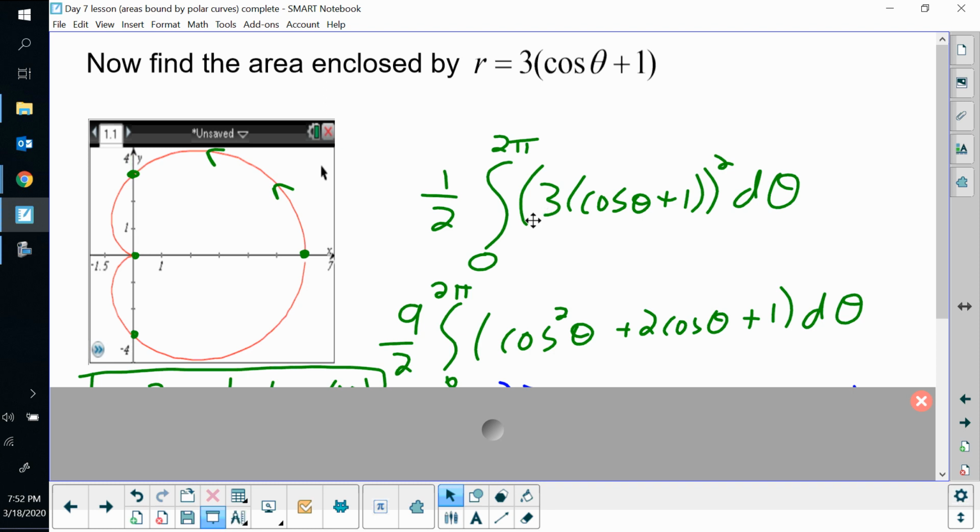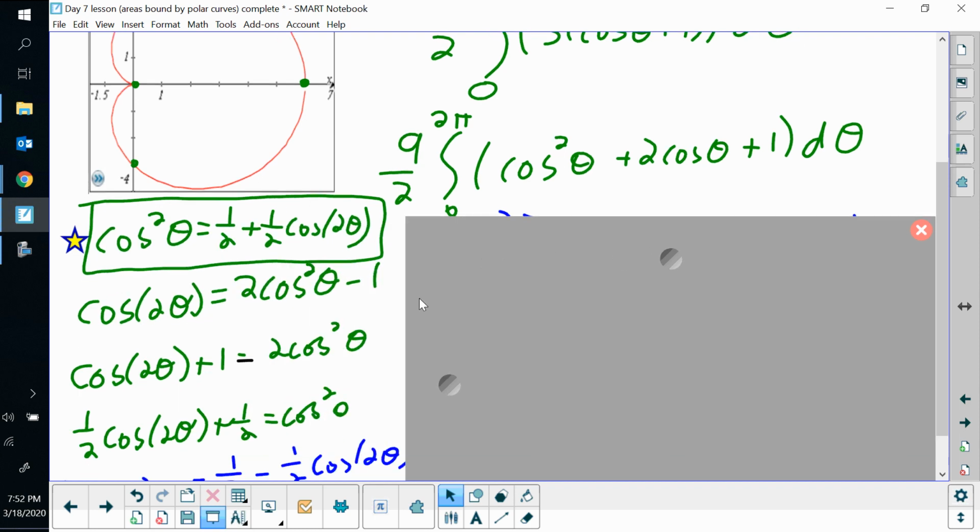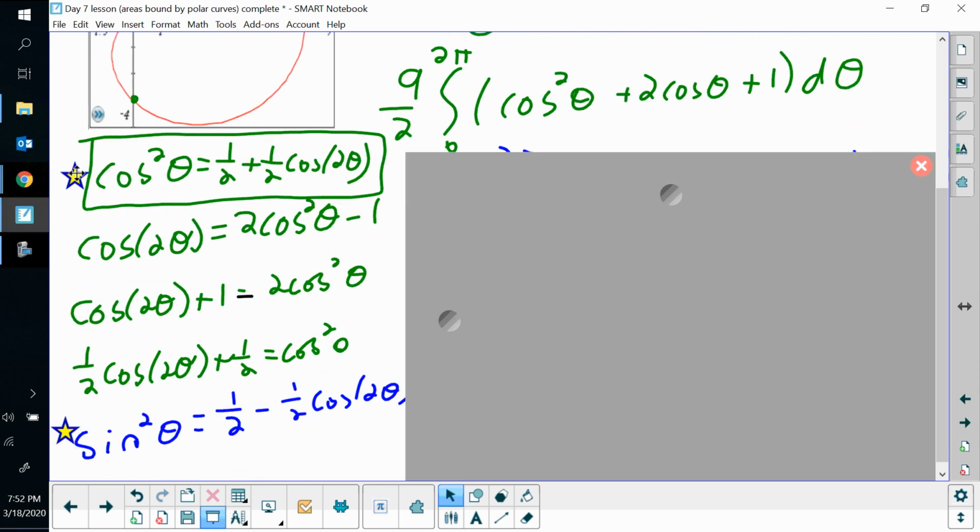We can pull that 3 out, but really it's being squared, so we're pulling a 9 out. That's how we get the 9/2. And if we FOIL out the cos theta plus 1 squared, we get cos squared theta plus 2 cos theta plus 1. Now we have to go back to a few units ago when we were doing antiderivatives with cos squared or sine squared. If you don't remember our replacements for those, you might want to write down the 2 starred things.